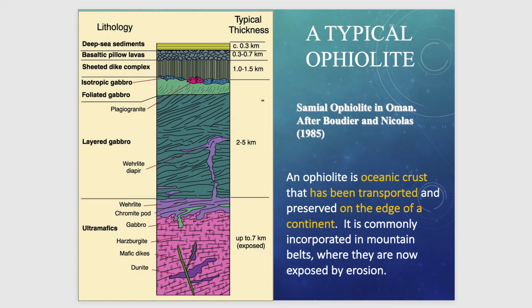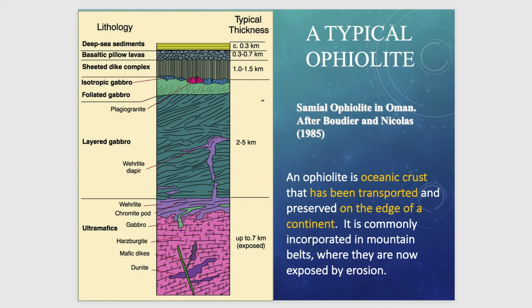So here is a slide of a typical ophiolite complex. This is the Semail ophiolite in Oman, and essentially, as I was stating, the ophiolite is represented by oceanic crust that has been transported and preserved on the edge of a continent.